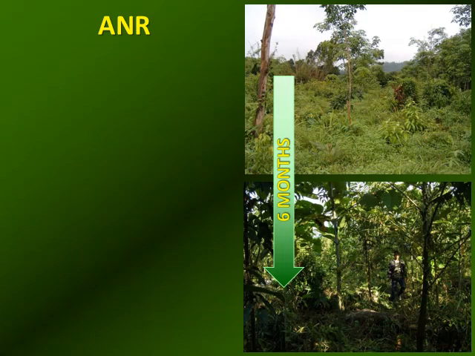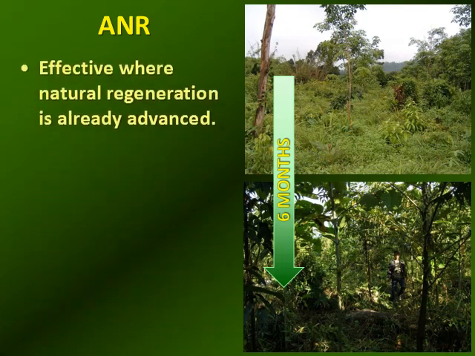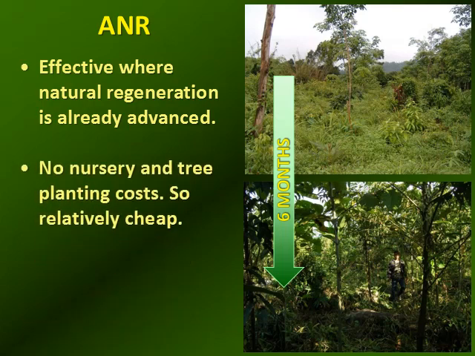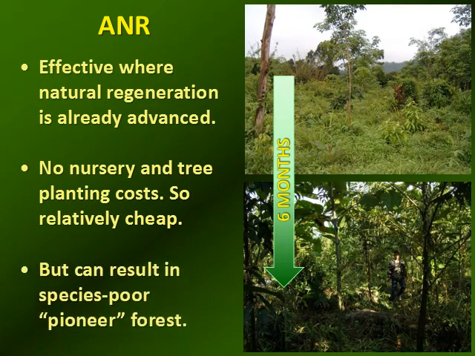So in summary, accelerated or assisted natural regeneration is very efficient, particularly where natural regeneration is already fairly well advanced. It's cheap because you don't have to grow trees in a nursery and there are no tree planting costs.